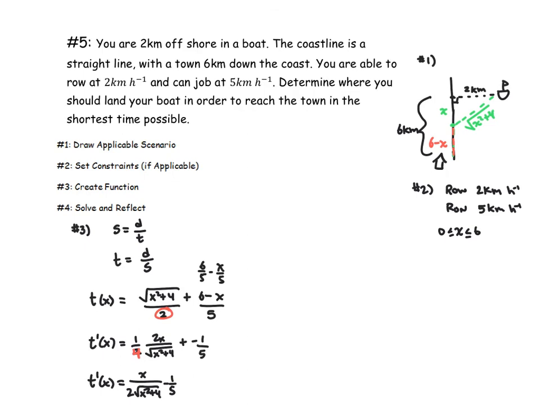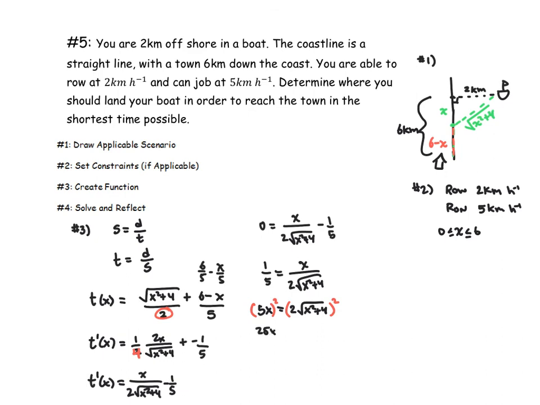I'm going to move my work up here. 0 equals x over 2 square root of x squared plus 4, minus 1/5. So I want 1/5 to equal x over 2 square root of x squared plus 4. Cross multiplying, I get 5x equals 2 root x squared plus 4. I'm going to square both sides, the intent of that being to get rid of the radical.